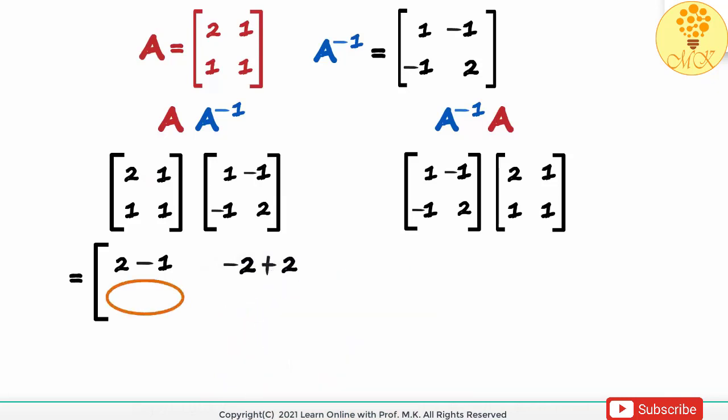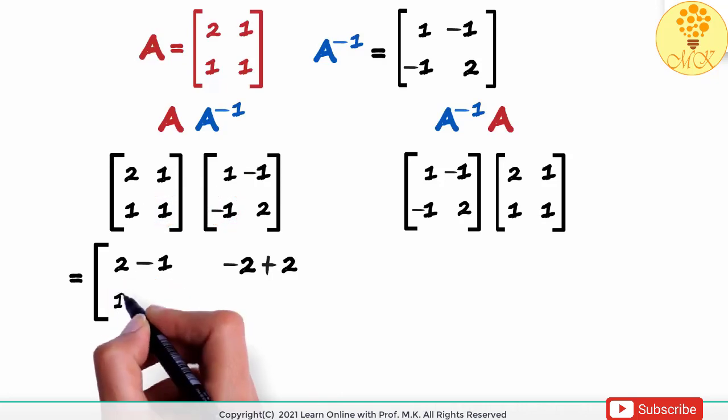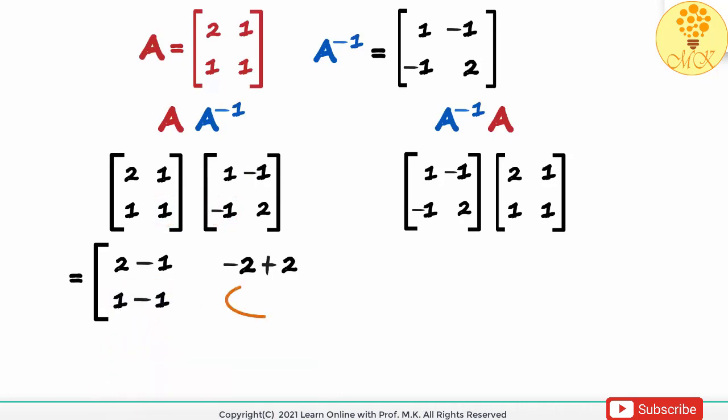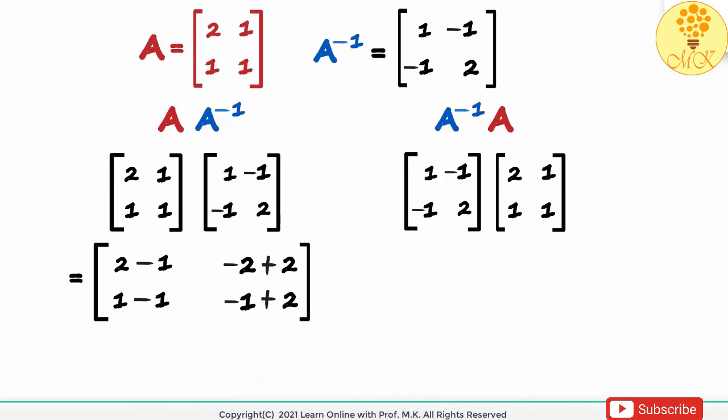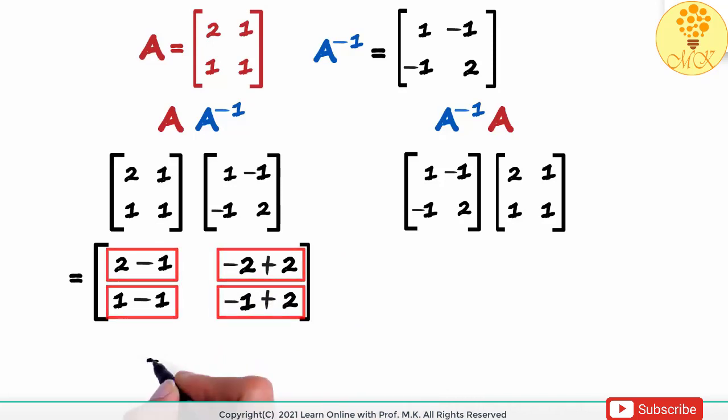For the 2/1th element, we multiply the second row with the first column. 1 multiplied by 1 plus 1 multiplied by -1. That will give us 1 minus 1. And for the last element, we multiply the second row with the second column. 1 multiplied by -1 plus 1 multiplied by 2. -1 plus 2.